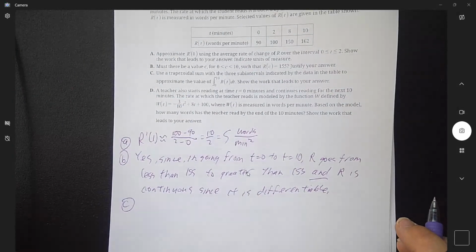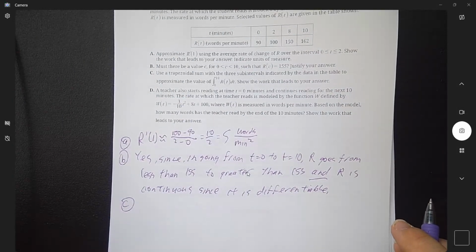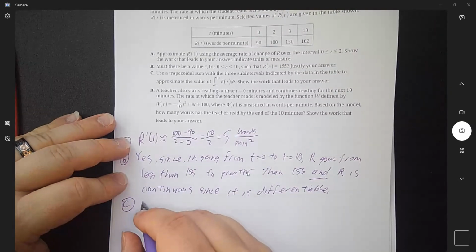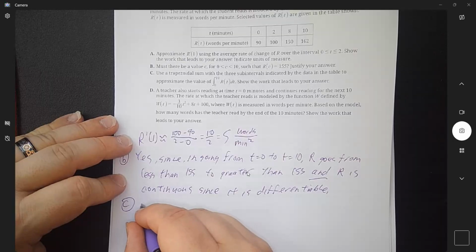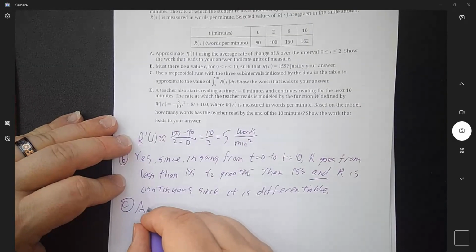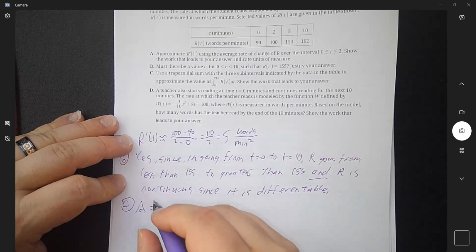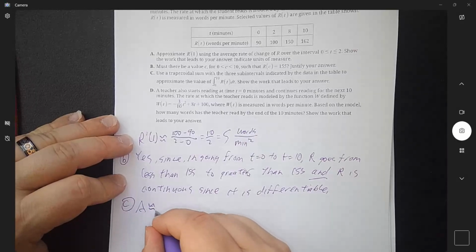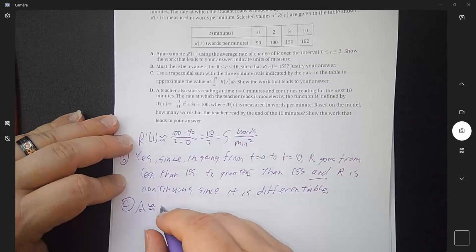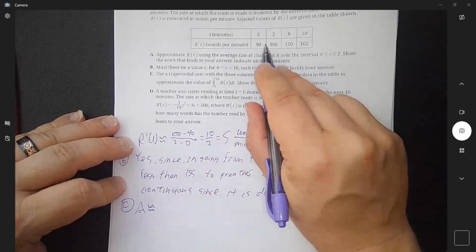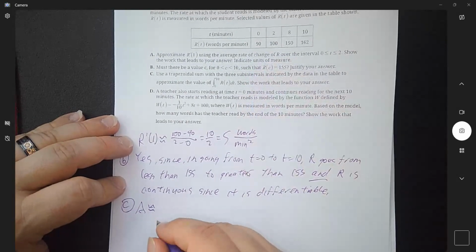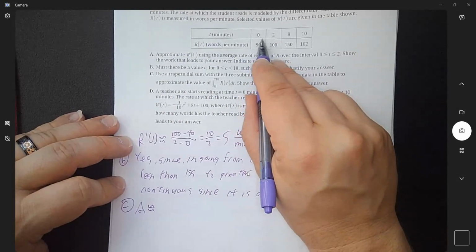Okay, part C. Use a trapezoidal sum with 3 subintervals indicated by the data in the table to approximate the integral. So the trapezoidal rule is this. The area is approximately equal to... the area of a trapezoid is the average of these two times the difference of these two.